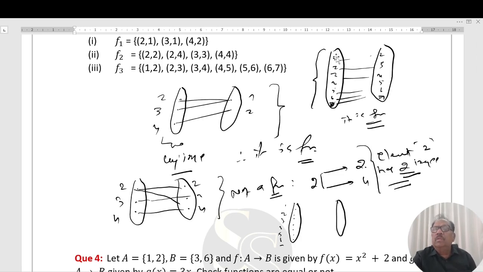In this case, there are 6 elements, 1, 2, 3, 4, 5, 6. Each element is occupied with a different element, means each element has a different image. Therefore, it is a function, right? Now, next.